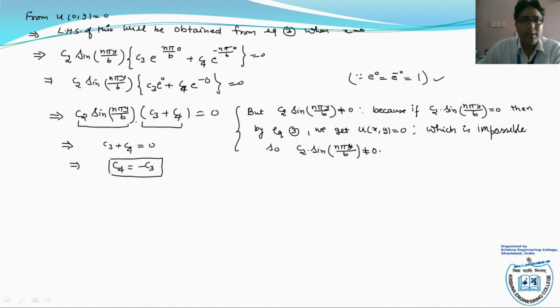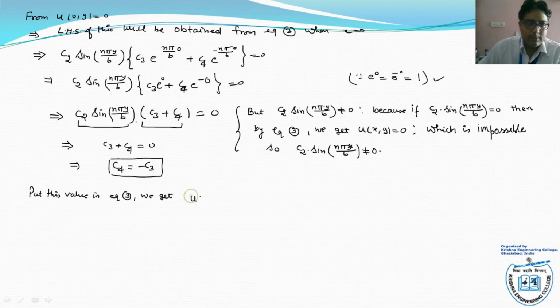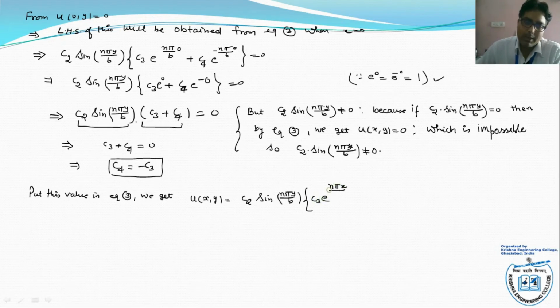Put this value in equation third. We get u(x, y) is equal to C2 sine n pi y by b. Clear? This term is as it is, and the value of C3 is not given. C3 e to the power n pi x by b.